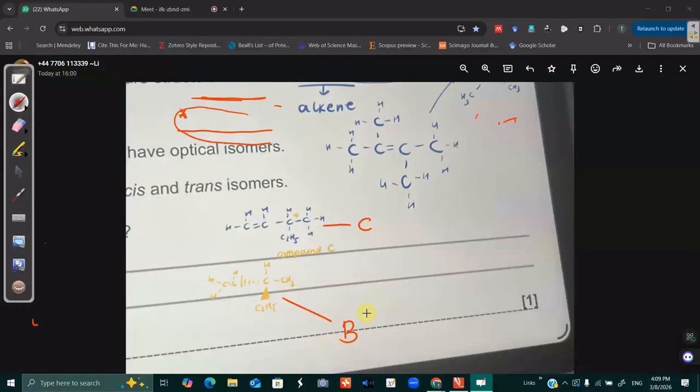Okay, so where's compound B then? It's the blue one at the top. No, the one labeled with a box.